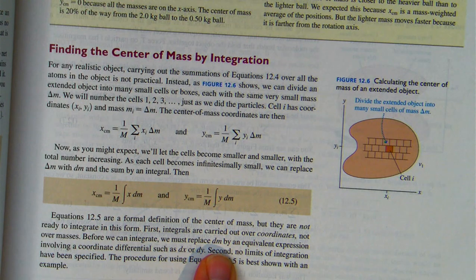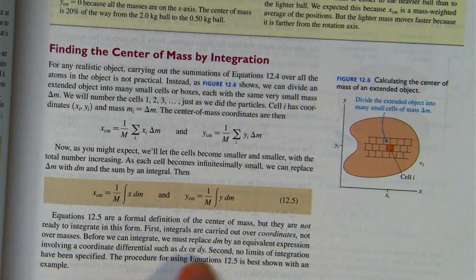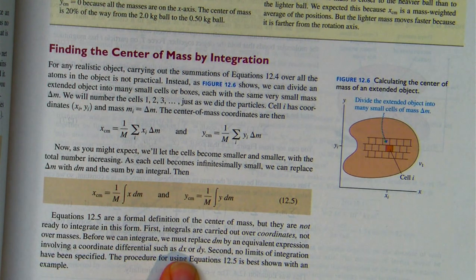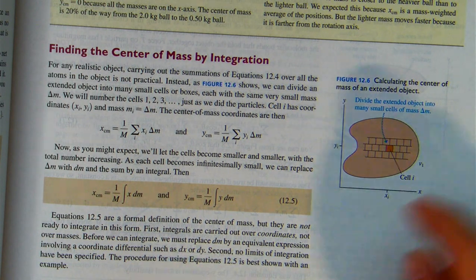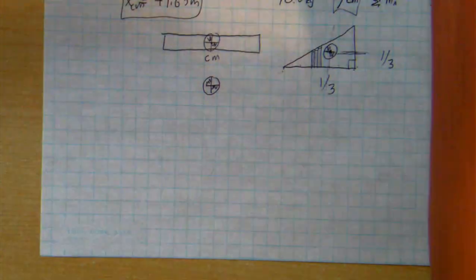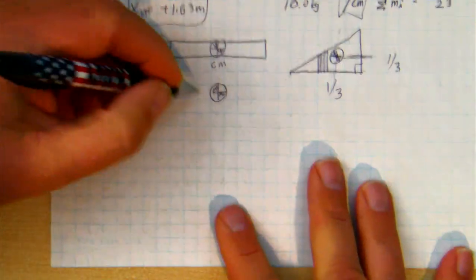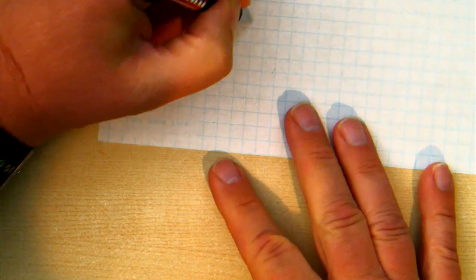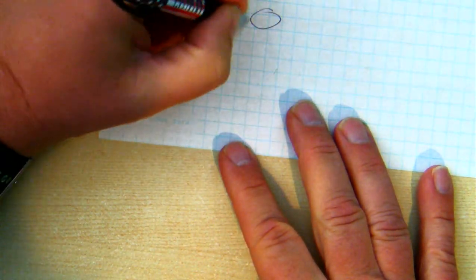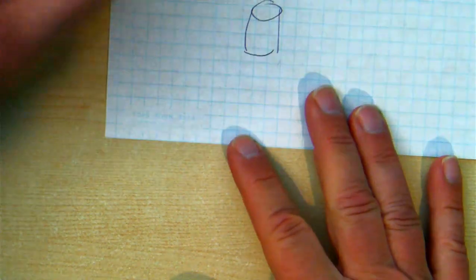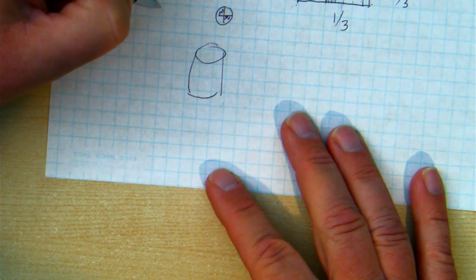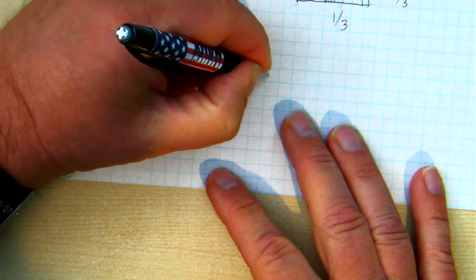Now, you're not used to that. So like it says here in the text, you have to replace that with something that you can handle from math class, like a dx or dy. And that leads to three types of densities. You might remember that if you have a cylinder, and I ask you what's the density of the cylinder, you would say, oh yeah, chemistry class.